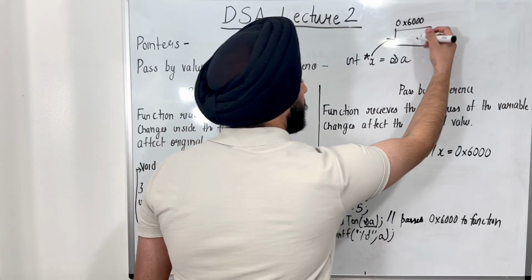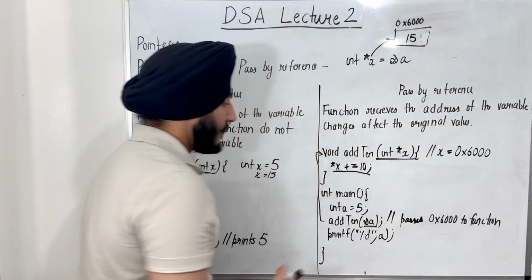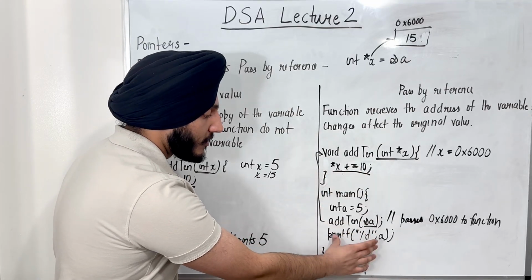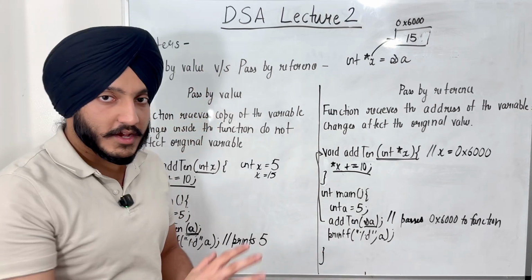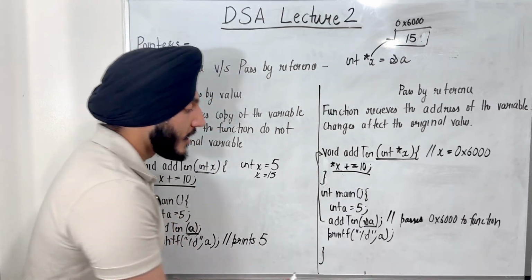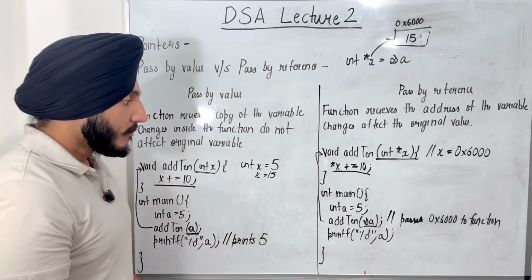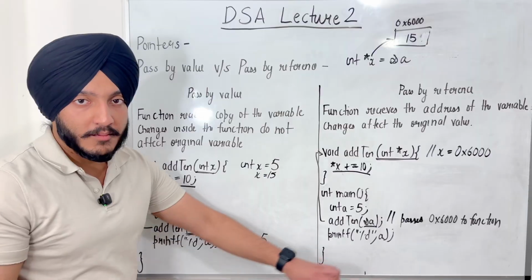So the new value in this case would be equal to 15. Once it adds the value, this function ends and returns back to the main. So once again, I want you guys to pause the video and try to figure out what will be printed by this printf function. Okay, so I hope you're able to figure it out.